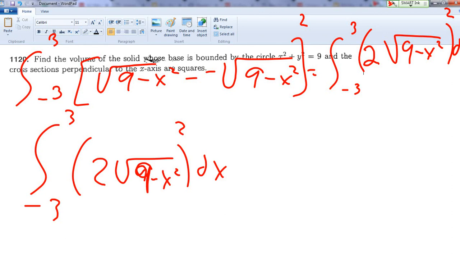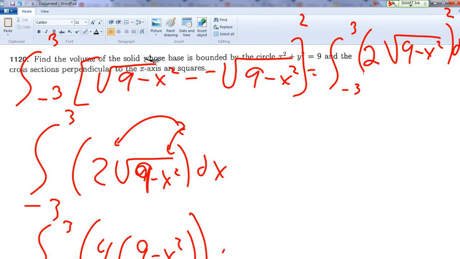What you're saying is I've got this times itself. So you can either distribute that 4 or bring it out in front. Whatever you want to do is fine.